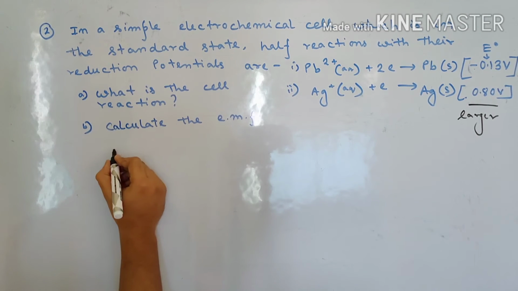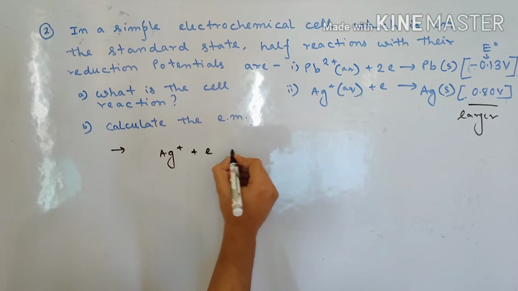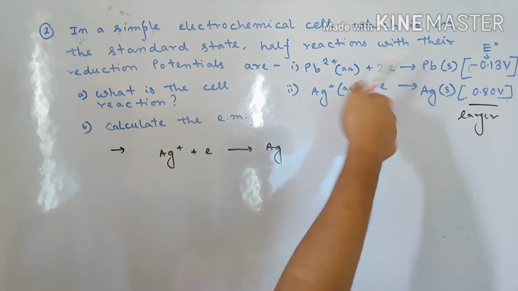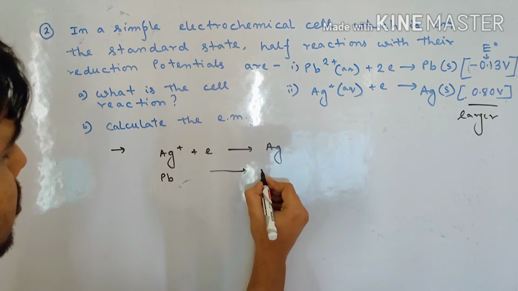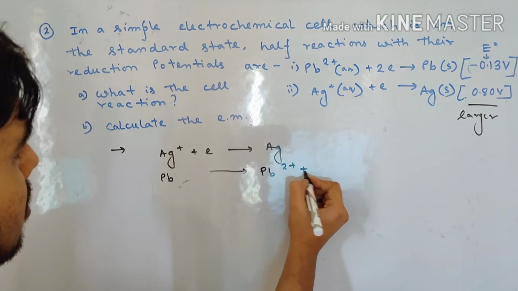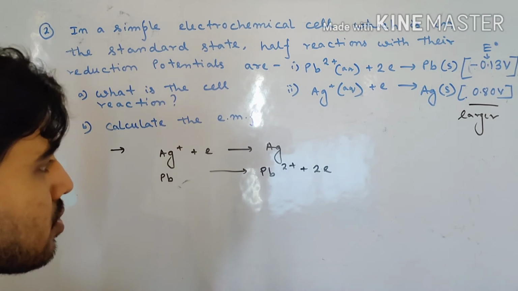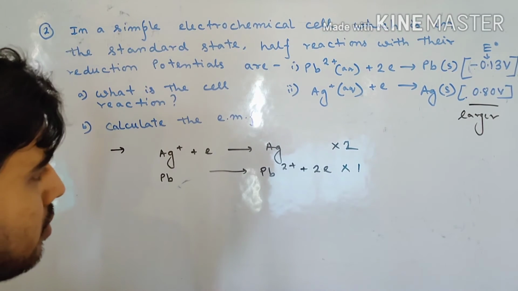So accordingly we should be writing as an answer Ag plus electron giving rise to Ag. And this should be written in the opposite way, that is Pb giving rise to Pb2 plus plus 2 electrons. The values are known already. Next job is to balance the electrons. So the first is to be multiplied by 2, and the second by 1.